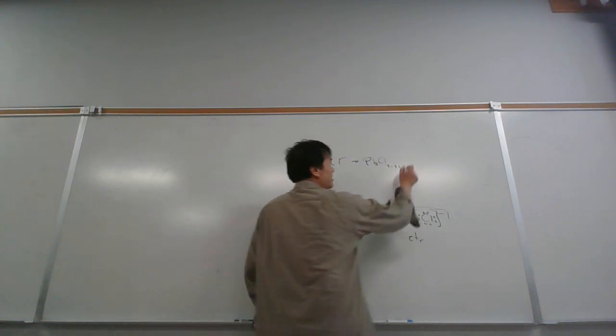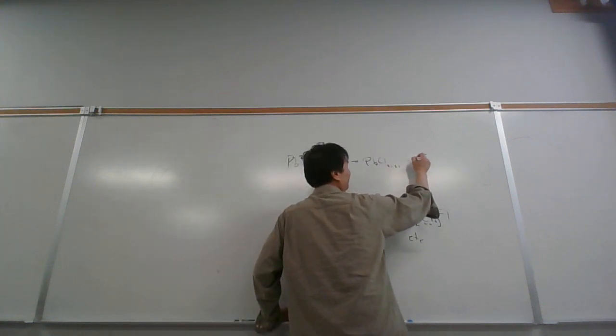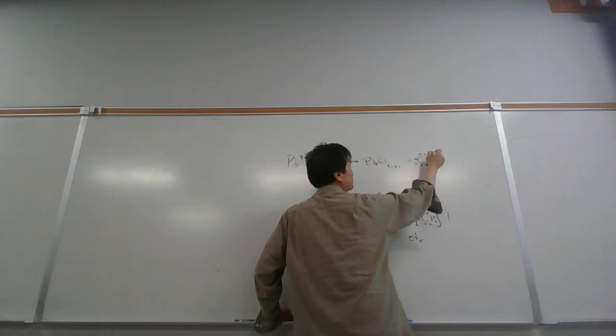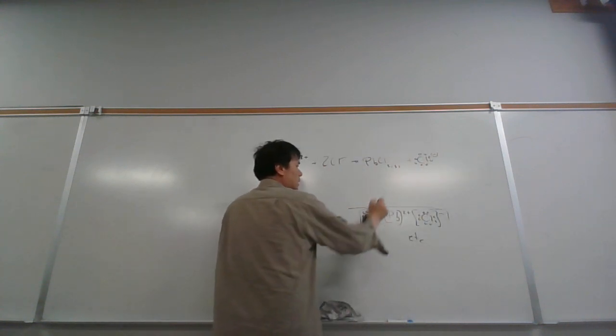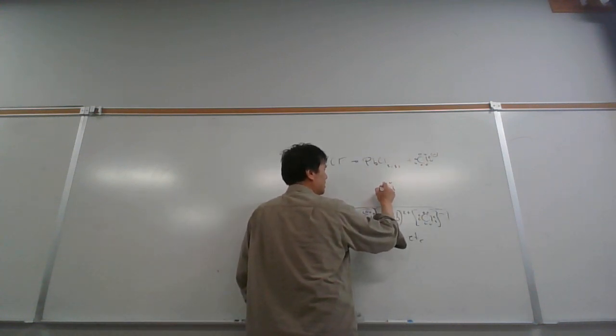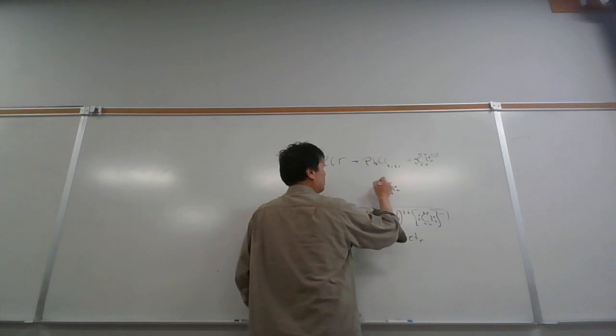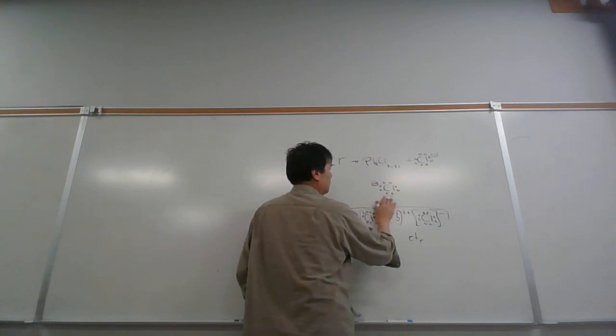But what can happen is if you add too much chloride, we can have another Lewis acid-base reaction occur. And so the chloride comes in and attacks the lead here.